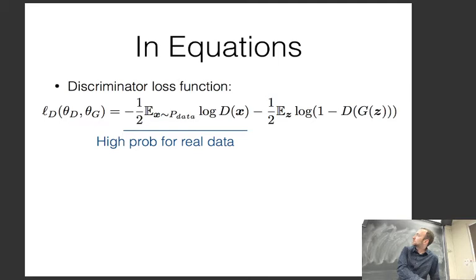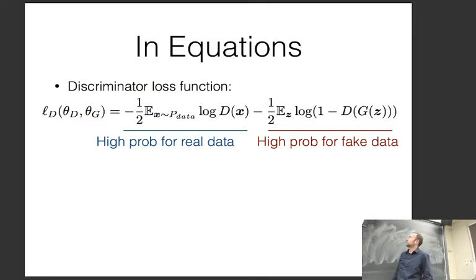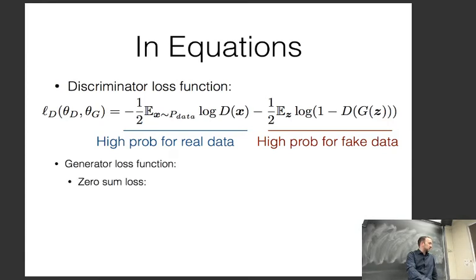Based on this, we give a high probability for real data, and, maybe on the right, that should be a low probability for fake data. So we want to give a high probability for real data and a low probability for fake data. And then for the generator loss function, there were two examples of this shown here. The first one was the zero-sum loss.